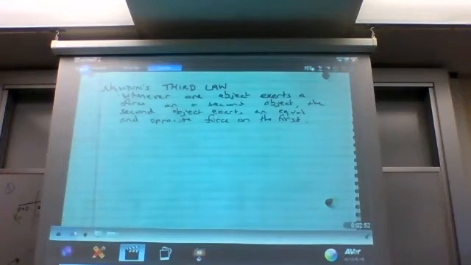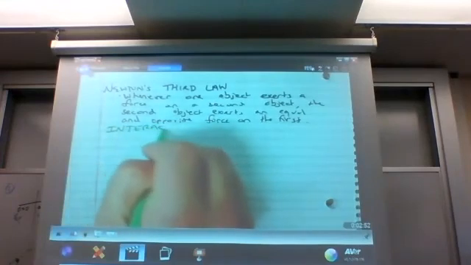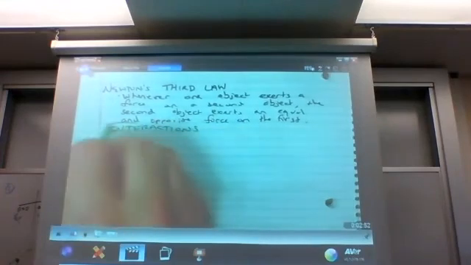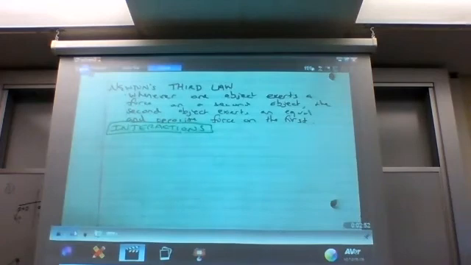If I want to summarize this law in one word, the word that I use is interaction. So you'll notice you've got 3 laws, but what I've done is I've circled in each one one word or one equation that summarizes the whole law.